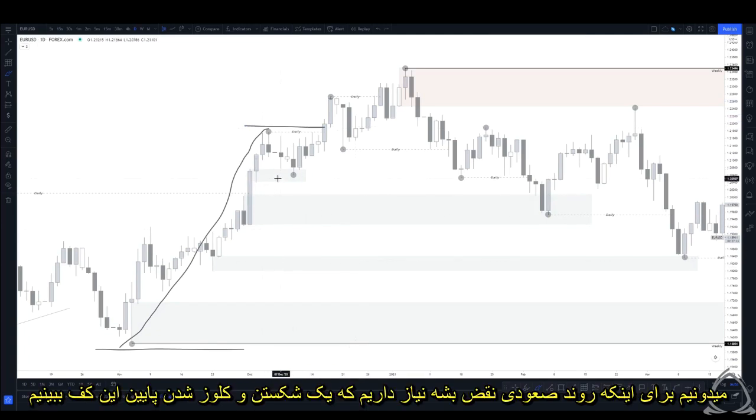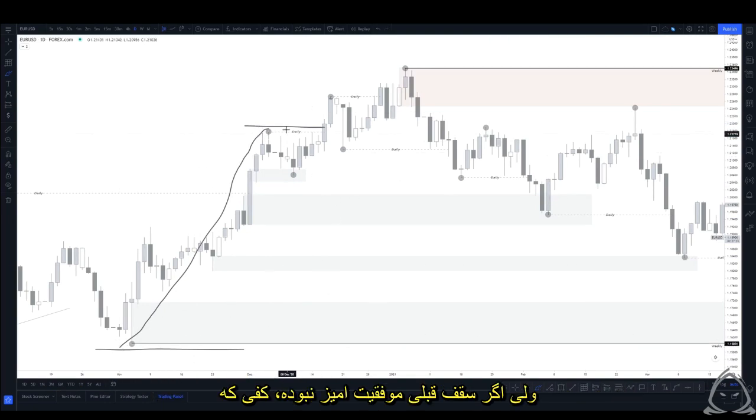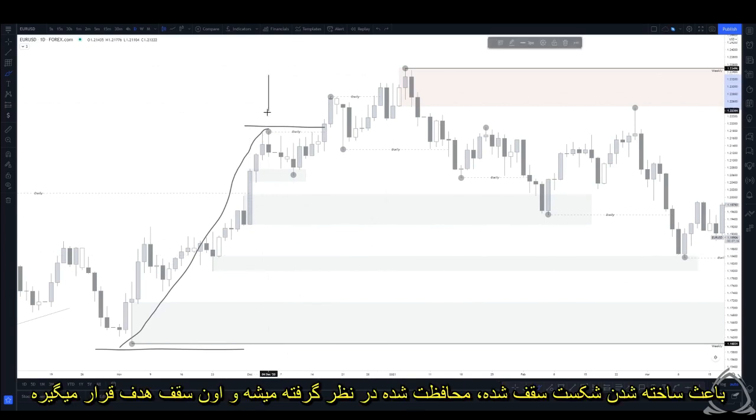We know that in order for the bull trend to be invalidated, we need to see a break and close below this low, which would then confirm that this high was successful in its job of breaking the previous swing structure. But if the previous high was not successful in doing that, the low that caused the creation to break that structure would be considered protected, and the high would then be targeted.